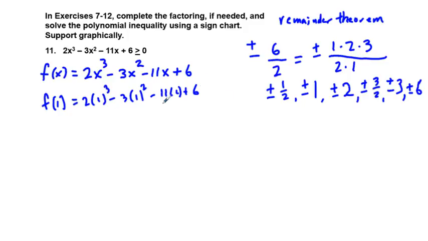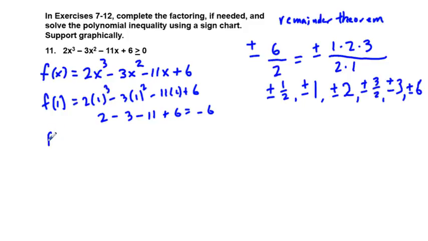If all this simplifies to 0, well then we've found a zero. Well, we have 2 minus 3 minus 11 plus 6. That's going to be 2 minus 3, that's negative 1, minus 11, that's negative 12, plus 6 is negative 6. So 1 is not a zero.